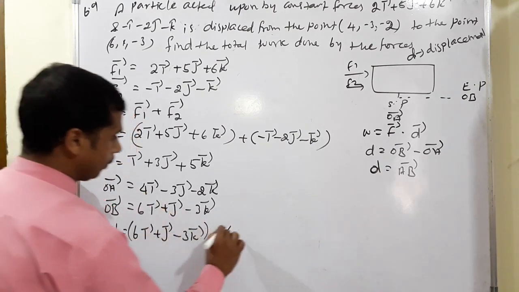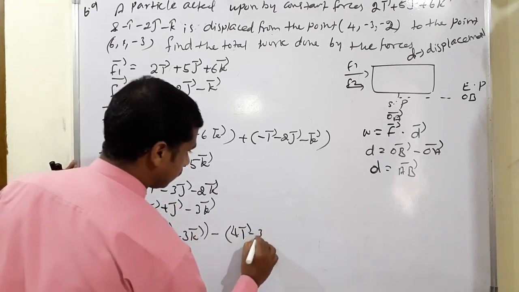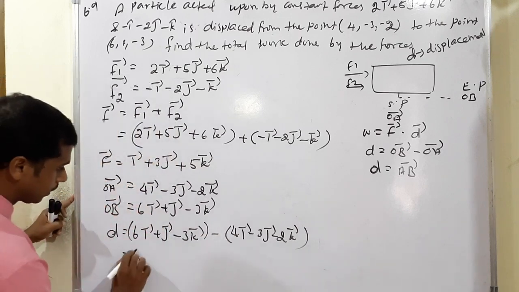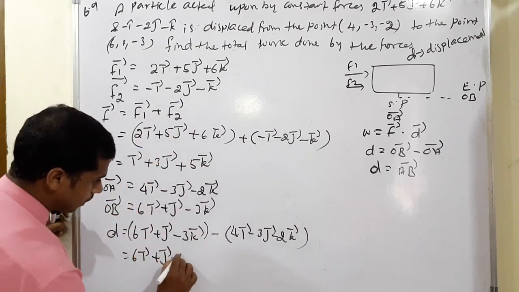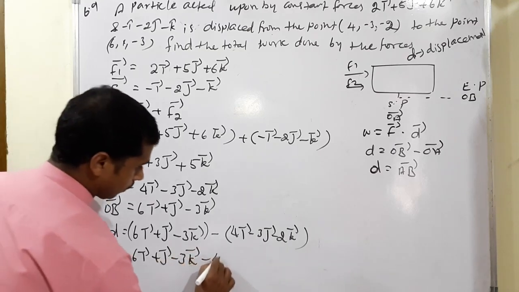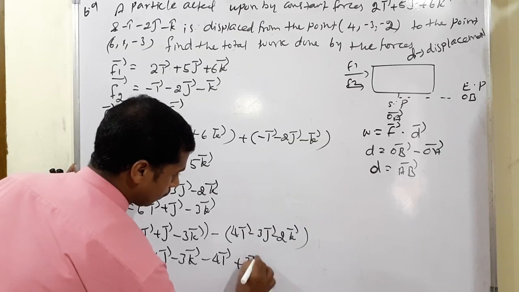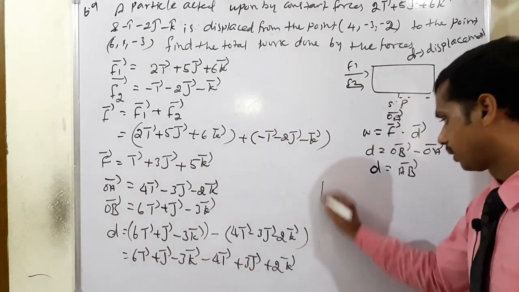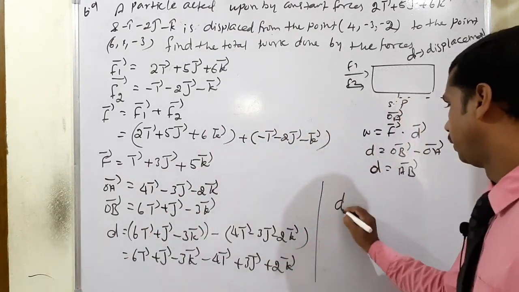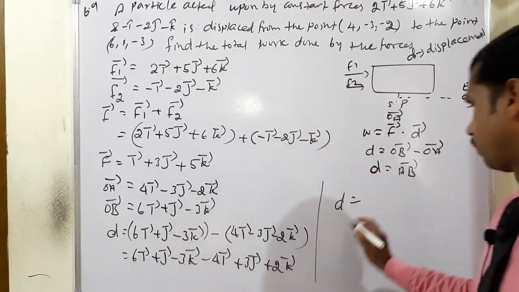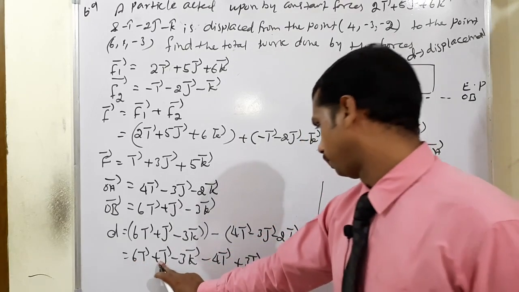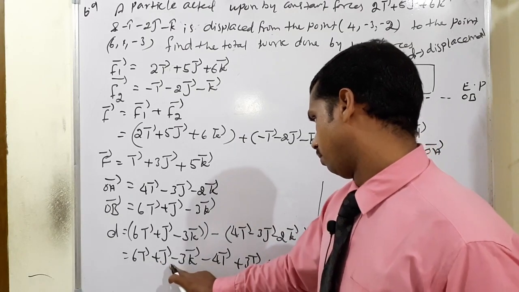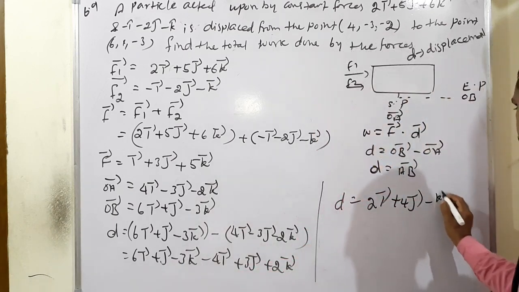Then minus OA means minus 4i vector plus 3j vector plus 2k vector after removing the bracket. So the displacement D is equal to 6i minus 4, so 2i vector, plus j plus 3 gives plus 4j vector, minus 3 plus 2 gives minus k vector.